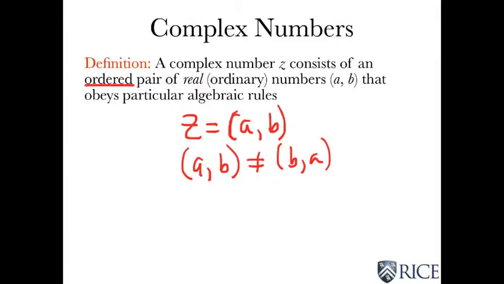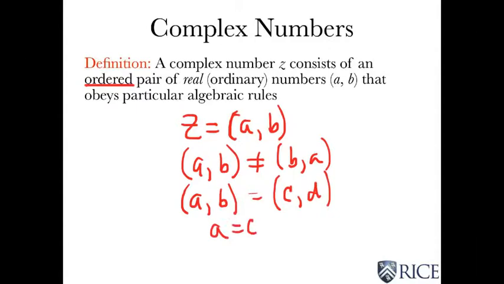And similarly, if you have two complex numbers that equal each other, what that means is that A equals C and B equals D. So that's what the ordering has to do with things.